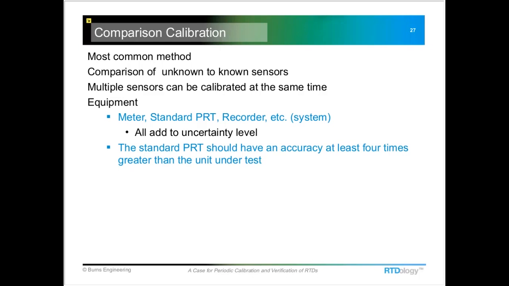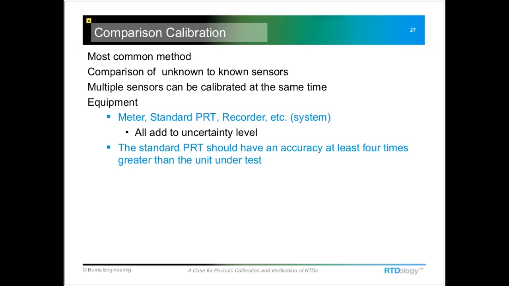So the comparison calibration is probably the most common. We'll take a known sensor, usually called an SPRT, which is a standard platinum resistance thermometer, and we'll use that to compare to our test sensors. It can be a real simple setup with just a meter, your SPRT, and some kind of recording equipment to gather the data.